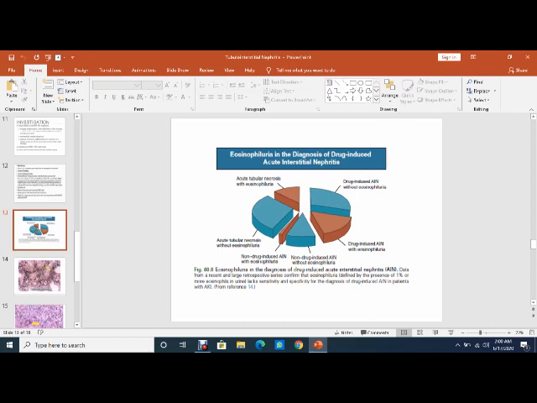The bars show the various causes: acute tubular necrosis with eosinophiluria, acute tubular necrosis without eosinophiluria, drug-induced acute interstitial nephritis without eosinophiluria, and drug-induced AIN with eosinophiluria.